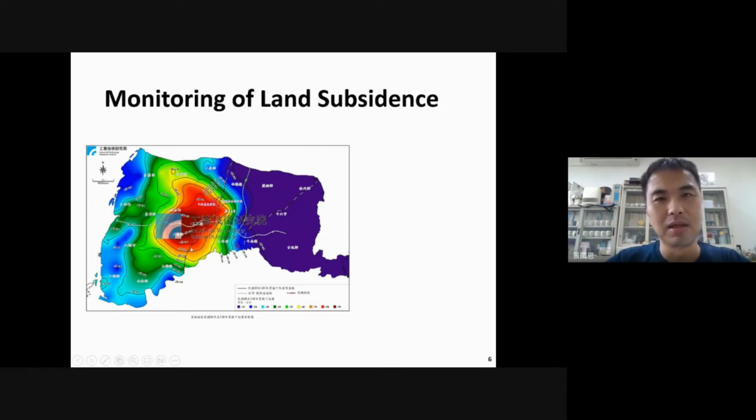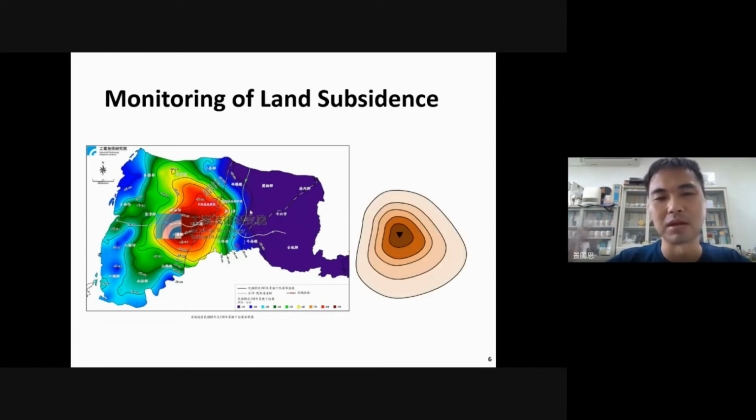Here you will see the pattern of the land subsidence is just like a series of circles. So if we want to detect the land subsidence, we want to identify the series of circles, and then the center of the circle will be the center of the land subsidence.